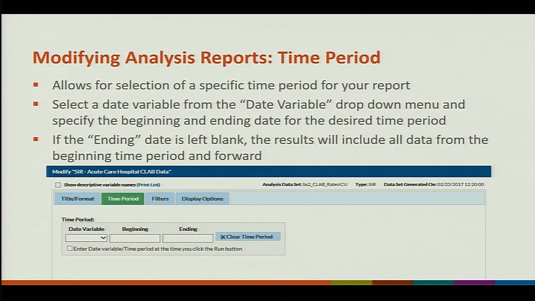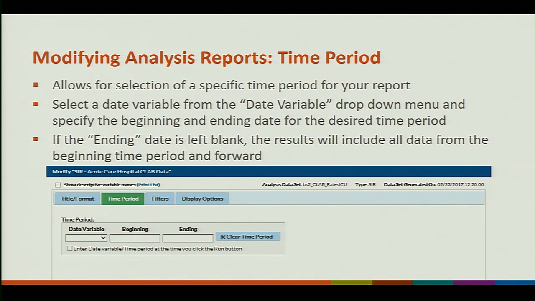Time period. This allows for a selection of a specific time period for your report. You can select a date variable from the date variable drop-down menu and specify the beginning and ending for your desired time period. If you leave these two fields blank, you're going to get all the data you've entered in NHSN.